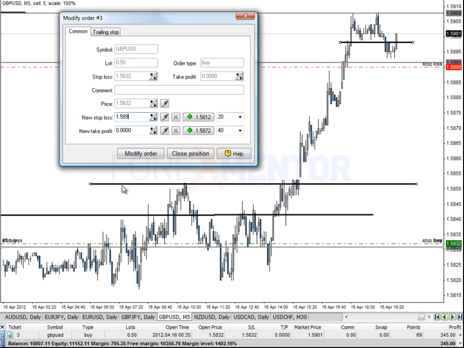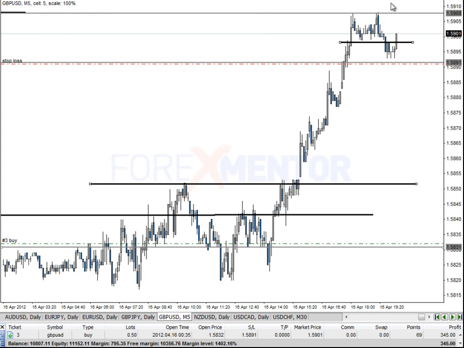So 58.91. I'm going to move our trade up to just below this area. Okay, if this thing's truly bullish, I don't want to trade him back below this level.